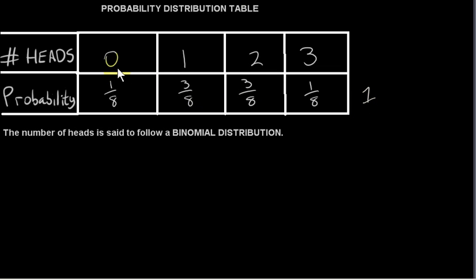It's a certainty that 0, 1, 2 or 3 heads will show. The number of heads is said to follow a binomial distribution. Now in the next video we will look at this example in more detail and show how to calculate these probabilities by using a formula.